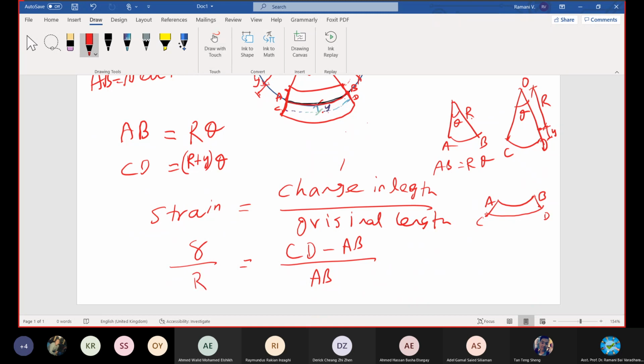Sorry, not R, AB. The value of AB, the arc, correct? Okay.